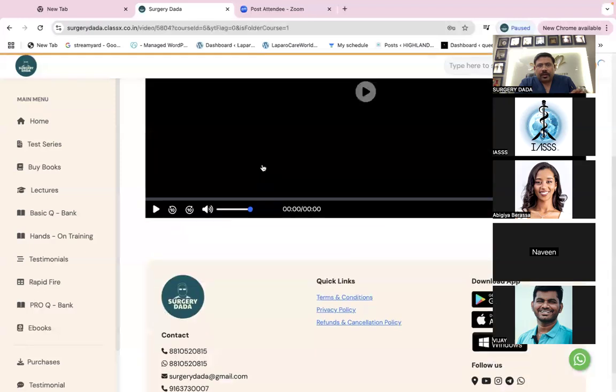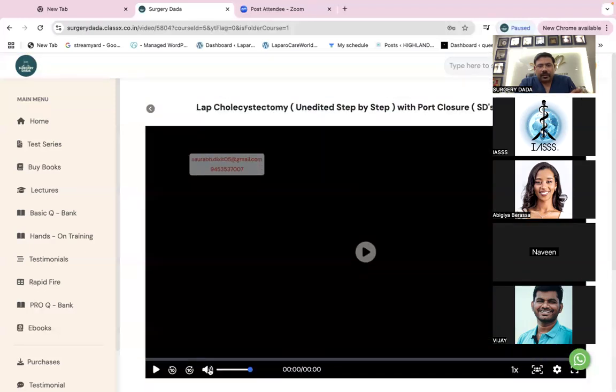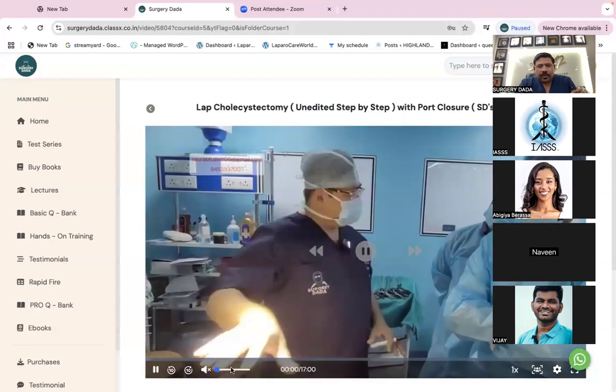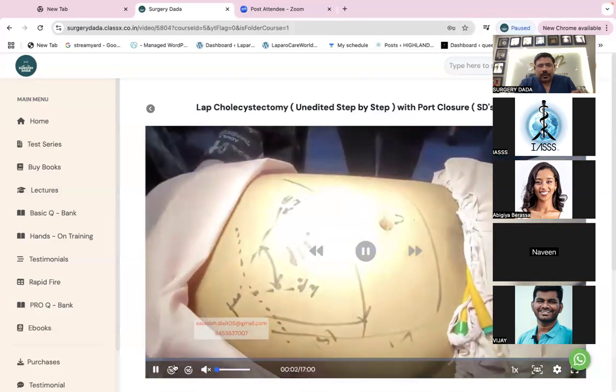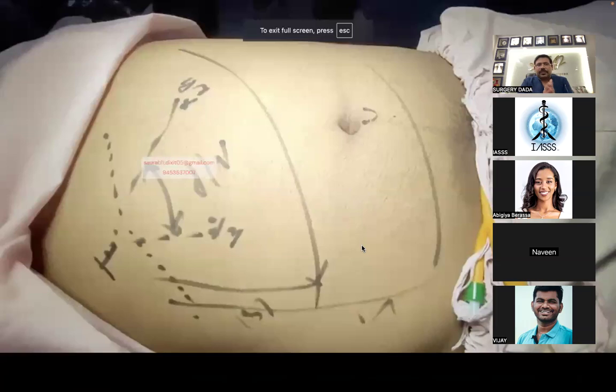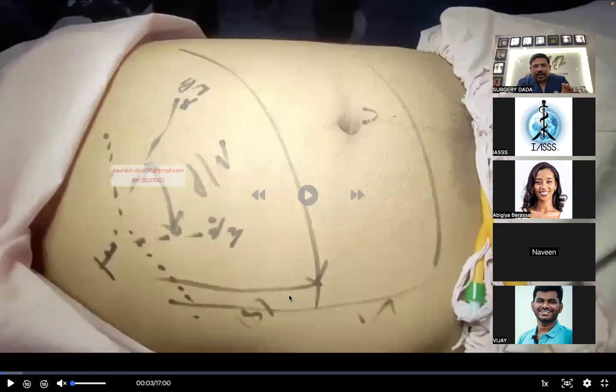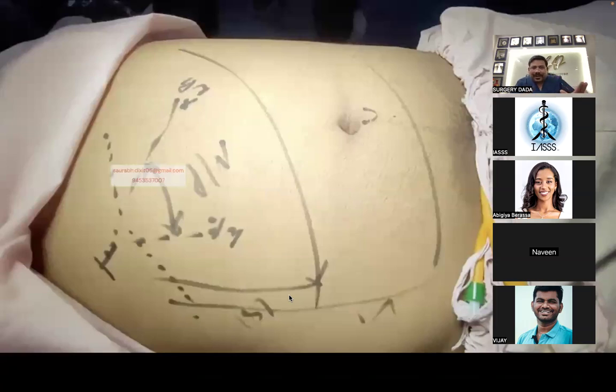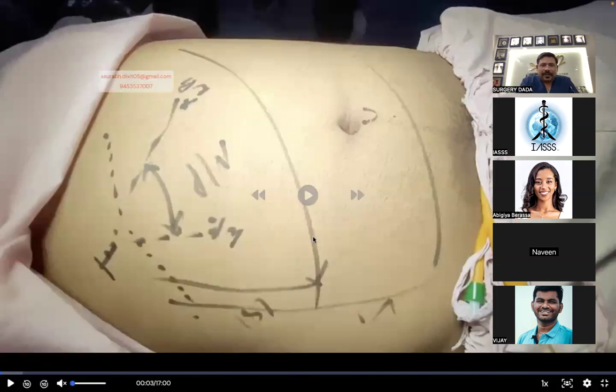Okay, so this is the video. When we talk about laparoscopic cholecystectomy, the first is, let me just expand it. I hope this is visible to everyone. Now here I am showing you something. This is showing you the classical target. The C here represents the camera port.